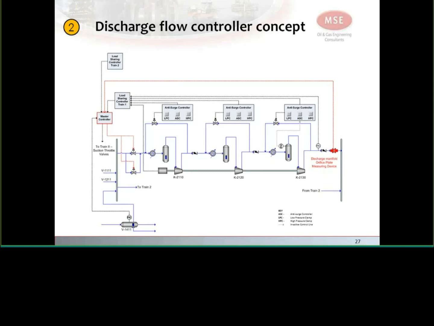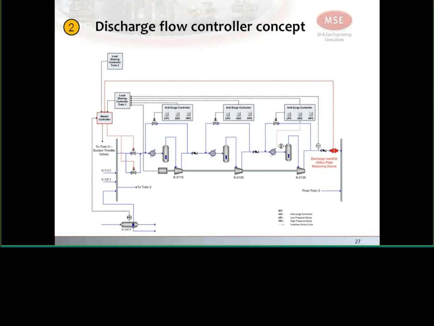What it does is it takes the difference in performance out of the load sharing logic and actually uses the physical flow that the compressors would see. Therefore, if the compressors have different performance, the position of the throttle valve accounts for that loss of performance, and it gives a more reliable load sharing, with more evenly distributed load.